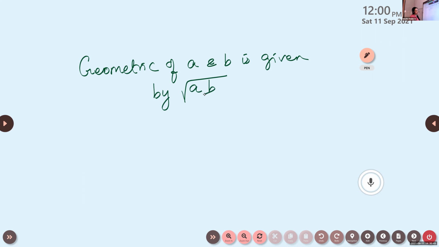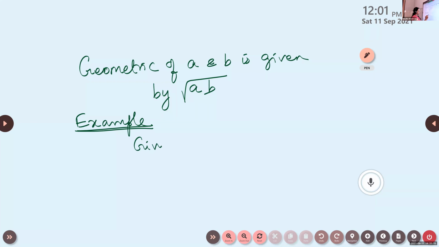Here it is root of AB. Geometric mean of two numbers A and B is given by root of AB. Okay, is it okay?